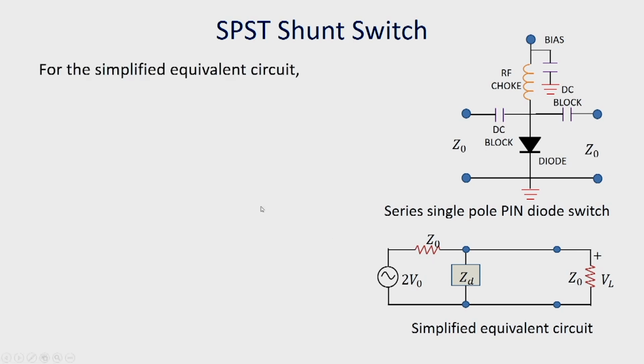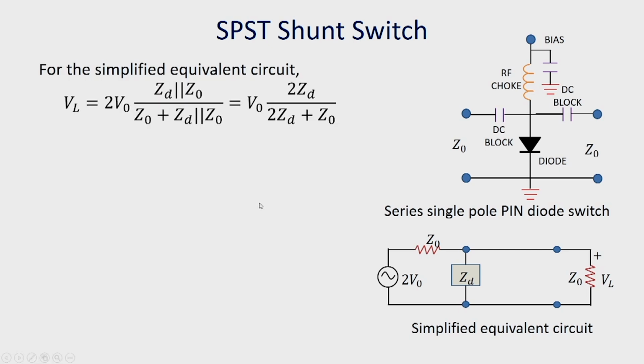For this simplified equivalent circuit, we can calculate VL to be equal to 2 V naught times ZD parallel Z naught divided by Z naught plus ZD parallel Z naught, and this becomes V naught times 2 ZD divided by 2 ZD plus Z naught.